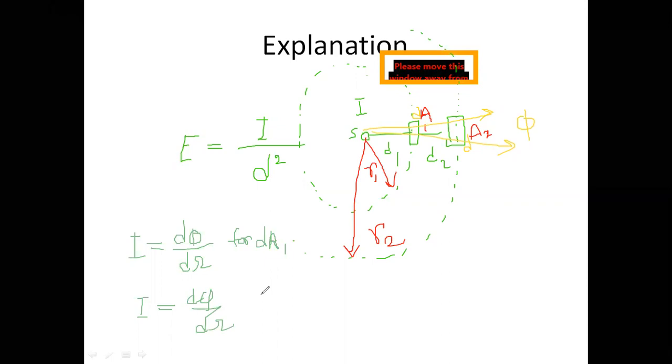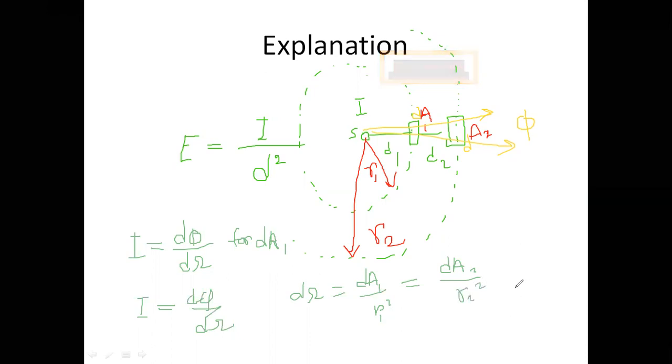Again, the solid angle for the elementary surface is d omega, and d omega equals dA1 by R1 square, which equals dA2 by R2 square. Okay, this is equation 1.